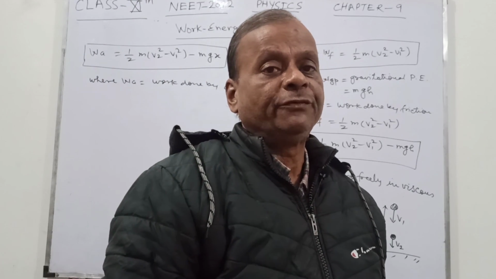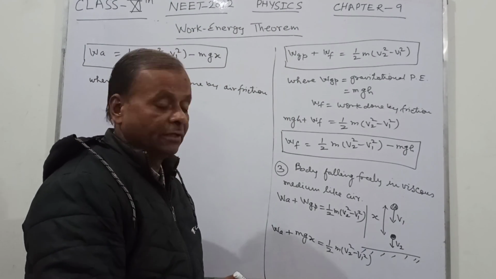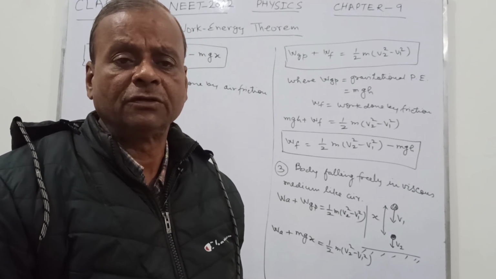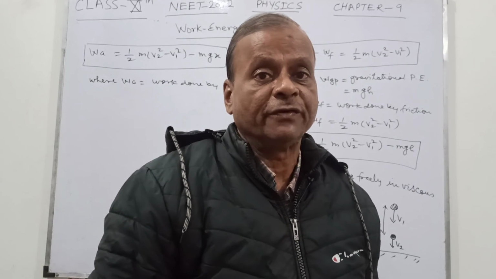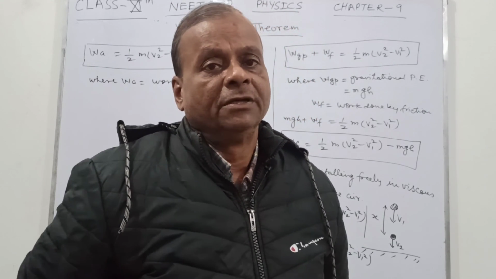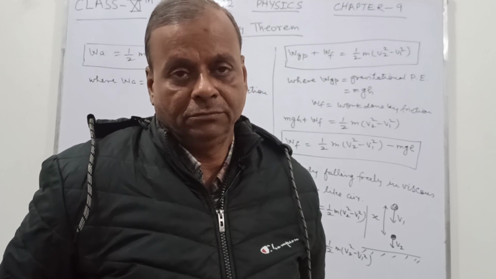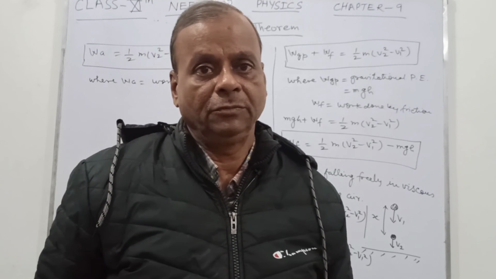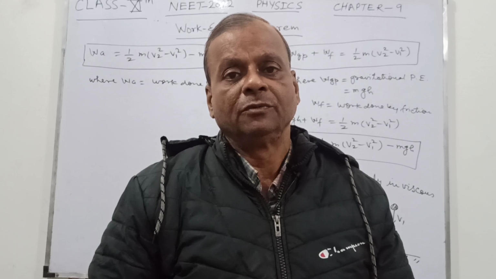In this way you can find the work done by the viscous force, the force of friction, or some other forces if they are acting on the body. This is the importance of the work energy theorem: whenever there is a change in kinetic energy, the work will be done at the cost of the applied force. So thank you very much.